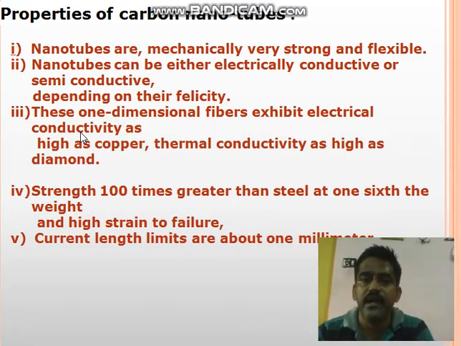And the strength is 100 times greater than steel at one-sixth of the weight, and it has high strain to failure. The current length limits are about one millionth of a second.